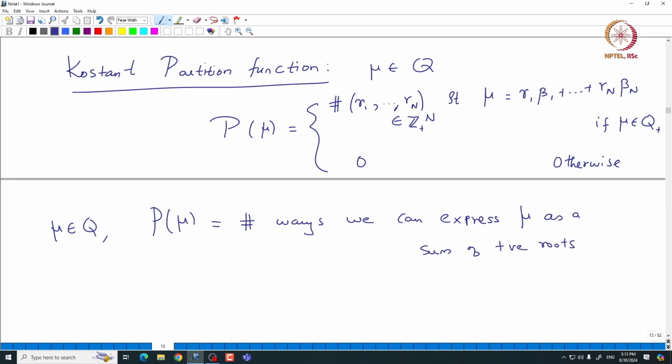And of course by this definition, when mu is not in Q plus, P of mu becomes 0.